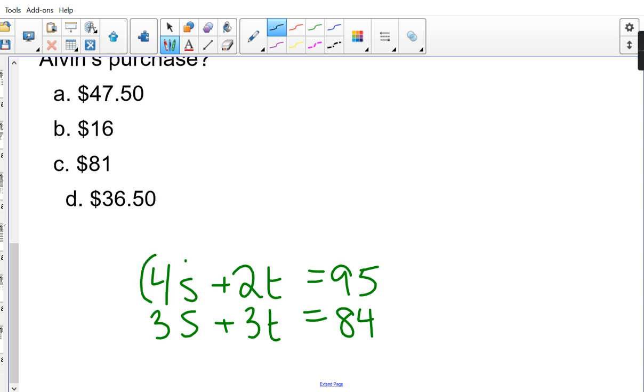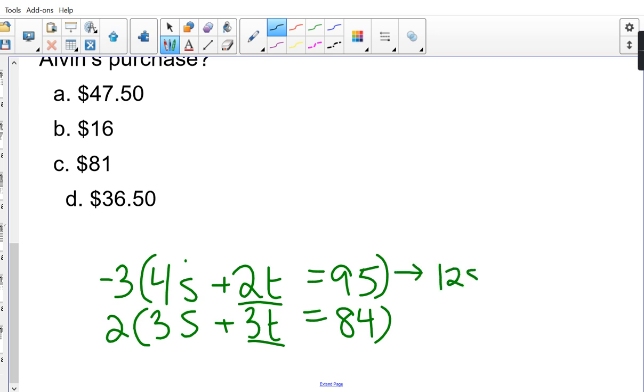So I am going to multiply my equations. I'm thinking about getting rid of one of these variables. So if I want to get rid of the t, I need to have the same number in negative and positive. So I need to have a 0 pair. If I multiply the first one by -3 and the second one by 2, let's see what happens.